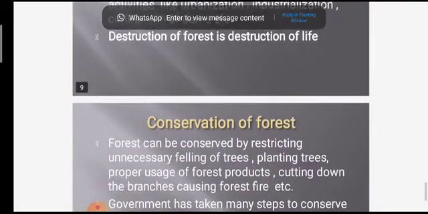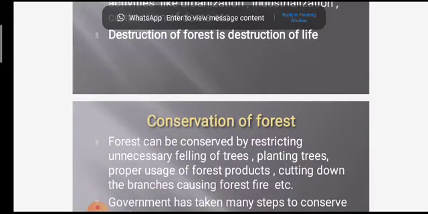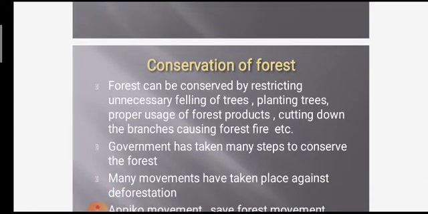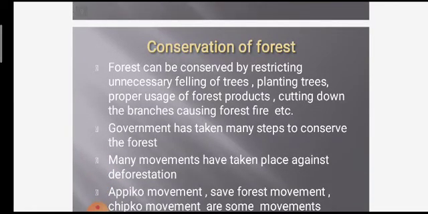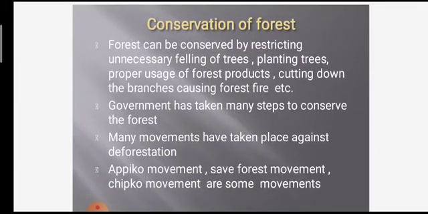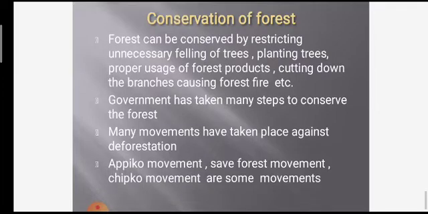Now, next, we need to conserve our forest. Conserve our forest means what? Protect our forest. See, conservation of forest. Forest can be conserved by restricting unnecessary felling of trees. The government has to restrict us so that we do not cut down trees unnecessarily.